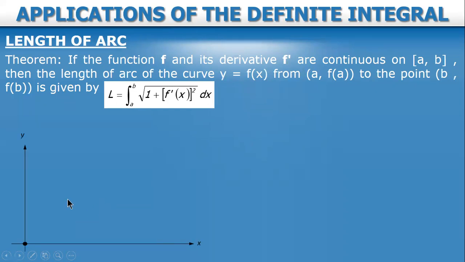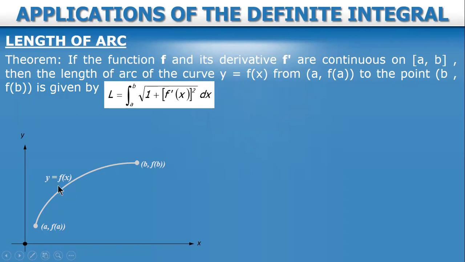Let's have this illustration, so we are going to prove this one. Suppose we have this curve y equal to f of x from point A, f of A, to B, f of B. We can approximate the length of this by dividing the curve into several line segments. Even if it is a curve, we approximate it with straight lines.